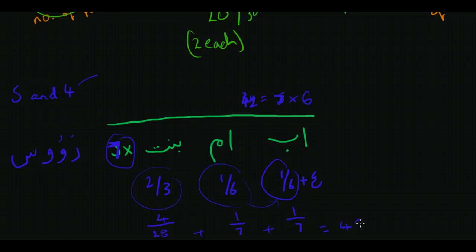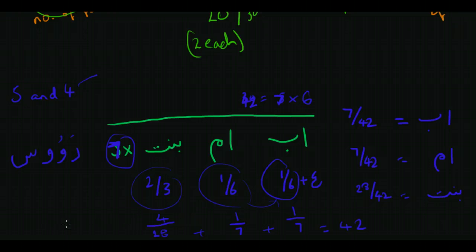is 42. So if we write it out, the father equals 7 42nds. The mother also gets 7 parts from 42, and the daughters get 28 parts from 42, and we can divide 28 by 7, which means that each daughter will get 4 28ths.